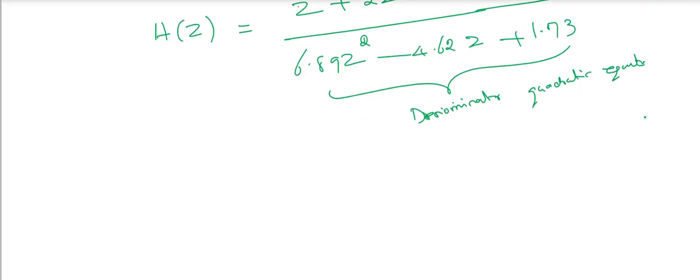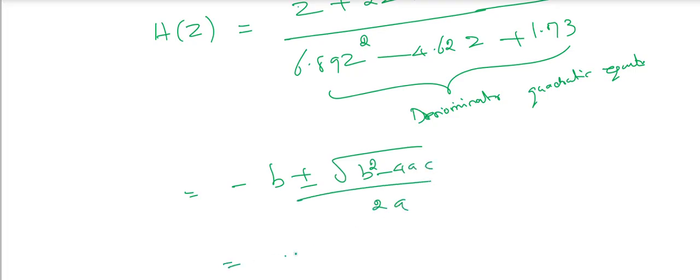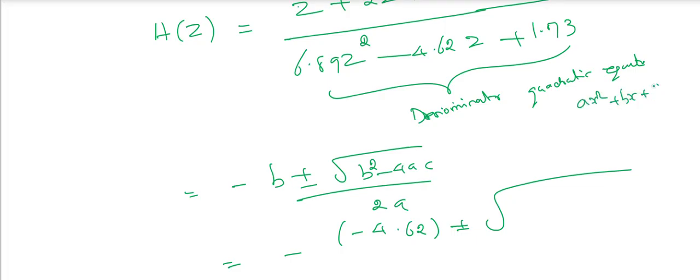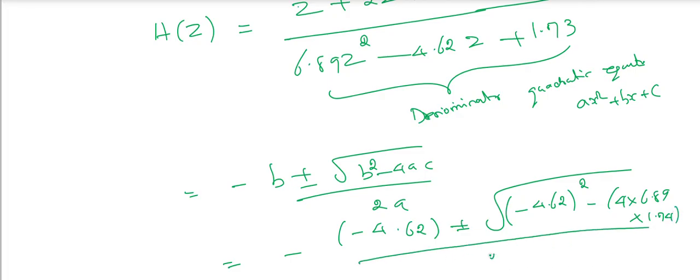Solving this equation, which is equal to minus b plus or minus root of b square minus 4ac by 2a. So you can write minus of minus 4.62 plus or minus root of b square minus 4.62 the whole square, minus 4 into a into c, by 2a, 2 into a, 6.89.